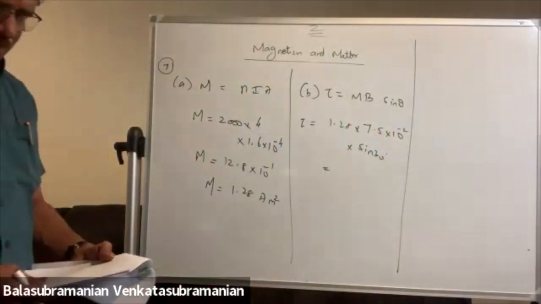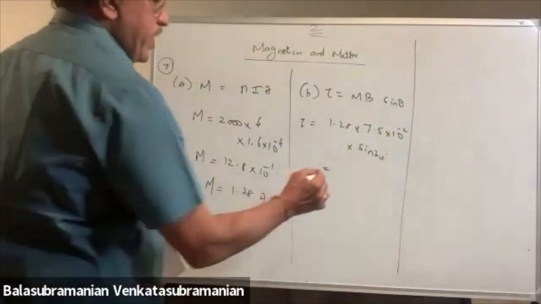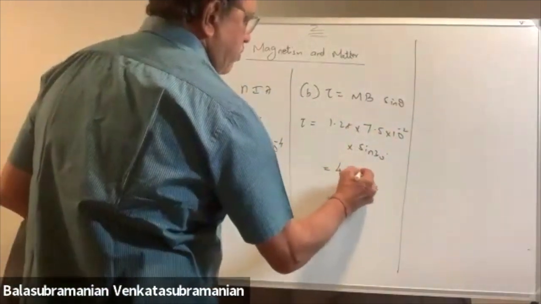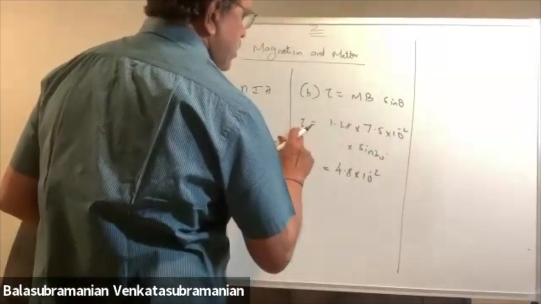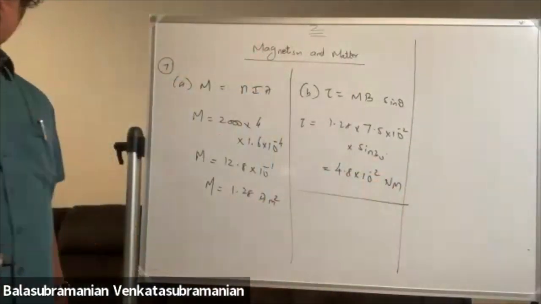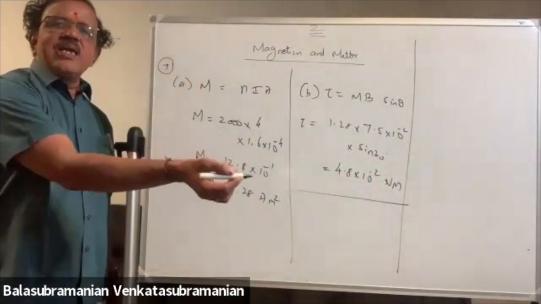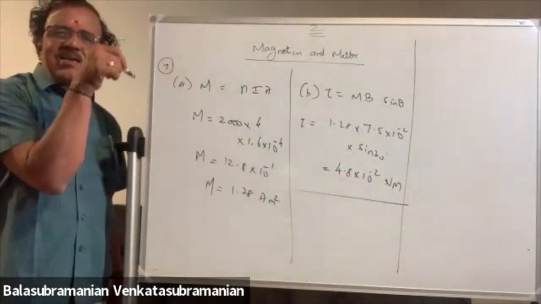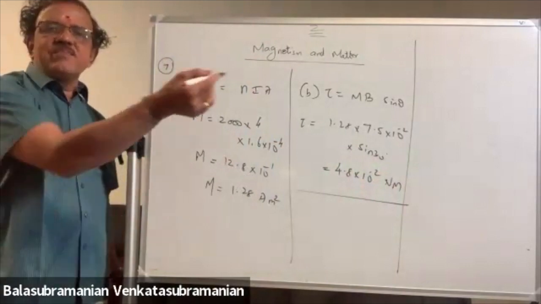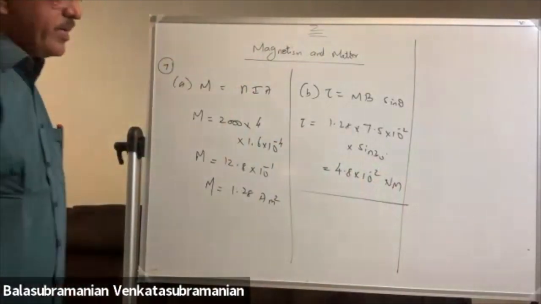Simplifying, we get 4.8 into 10 power minus 2 Newton meter or joules. Correct? Instead of calculating directly, first we calculate the magnetic moment, then we substitute that value. That's all. Fine, next.